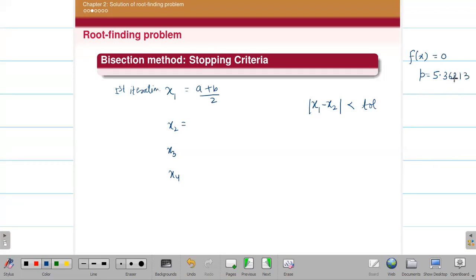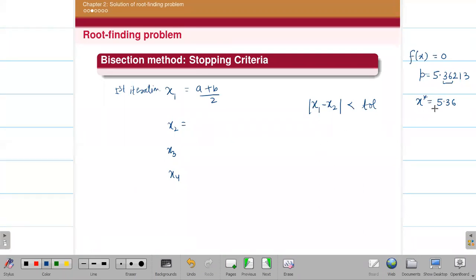The question will say to find the root of this equation using the bisection method up to 2 decimal accuracy. Means I should get the approximate value of p as 5.36. I'm ignoring the 213, but I should get accuracy up to 2 decimal places.